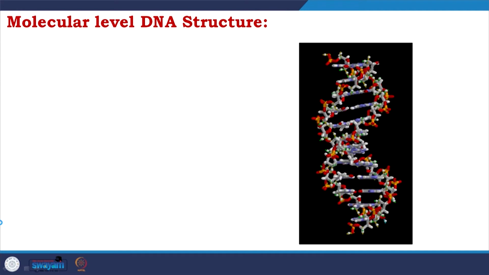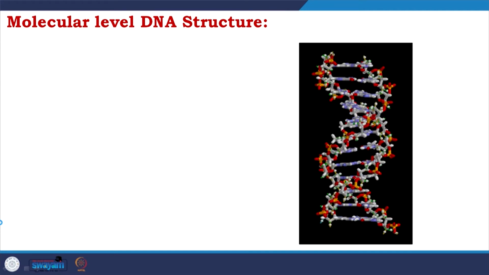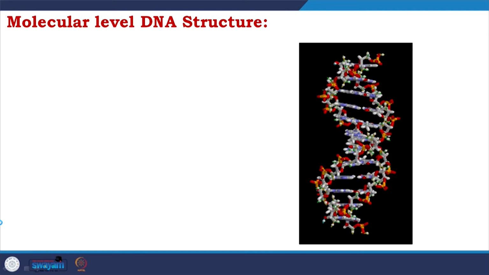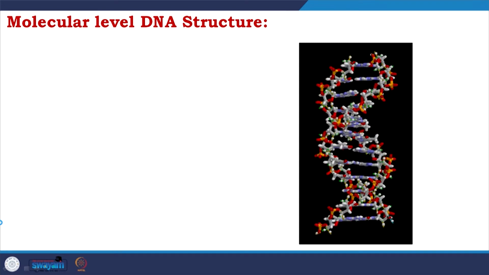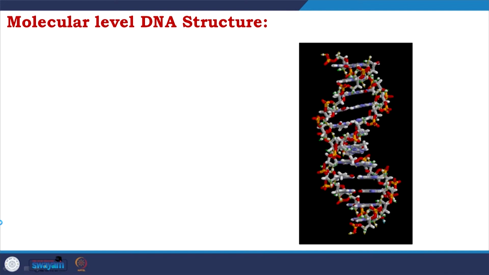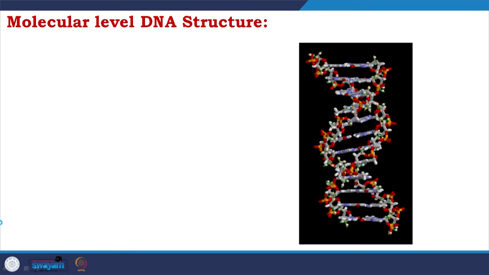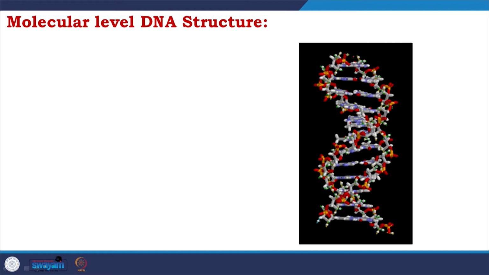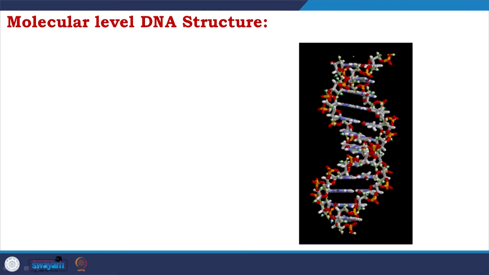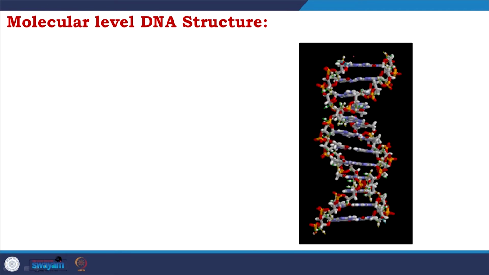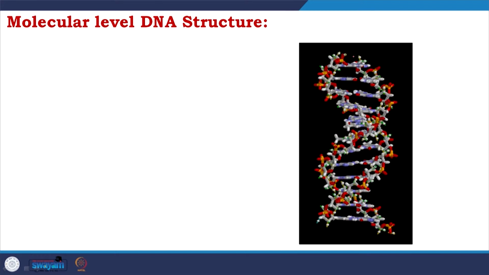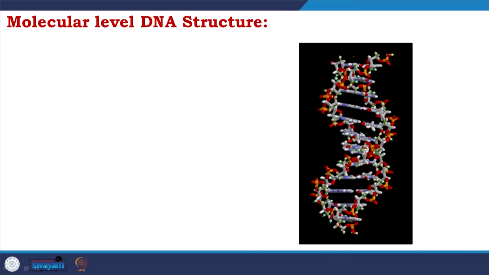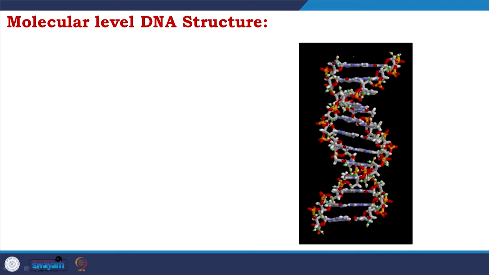In my introductory classes, I have already talked about the molecular level of the DNA structure. This is a double stranded DNA. If you look here, you will see the red and yellow molecules, they are phosphate, the bases are hydrogen bonded and they are stacked so that the strand looks like there are stairs in between.